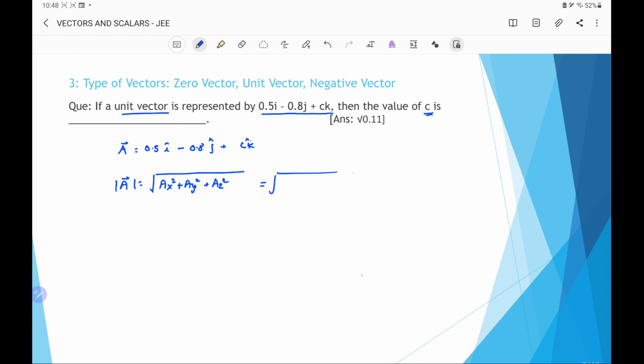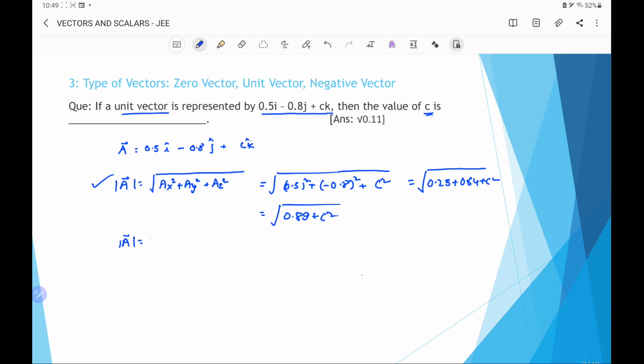So it will be equal to square root of 0.5 square plus (minus 0.8) square plus c square, which is square root of 0.25 plus 0.64 plus c square, that is equal to square root of 0.89 plus c square. And as per the question, this is a unit vector, so the magnitude of vector A should be 1.